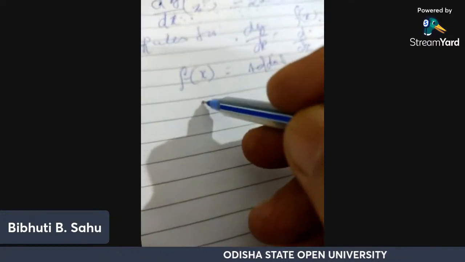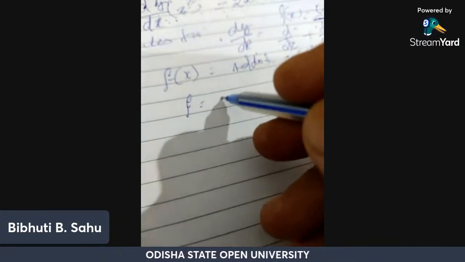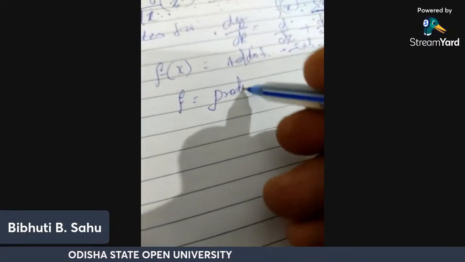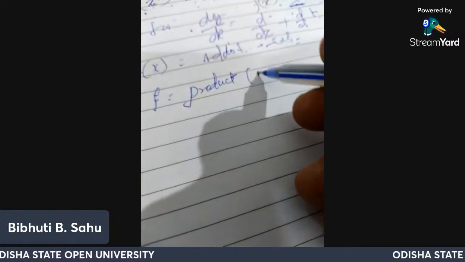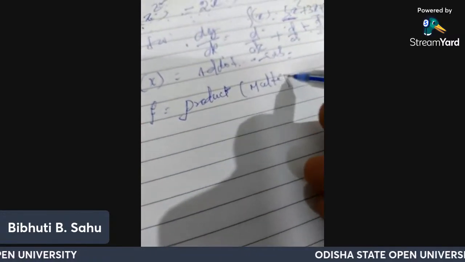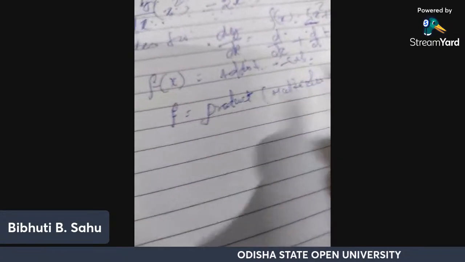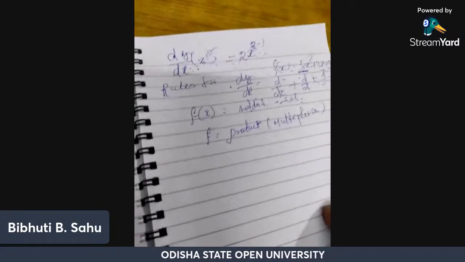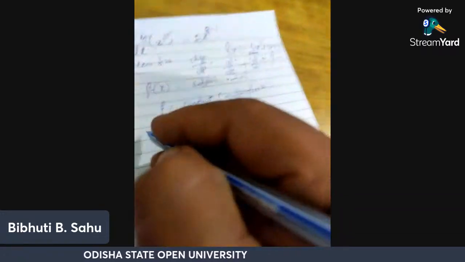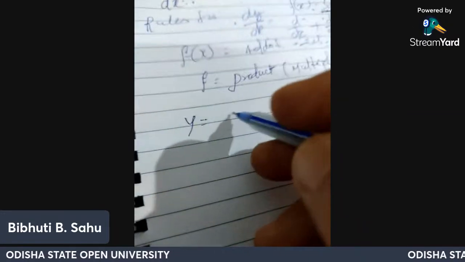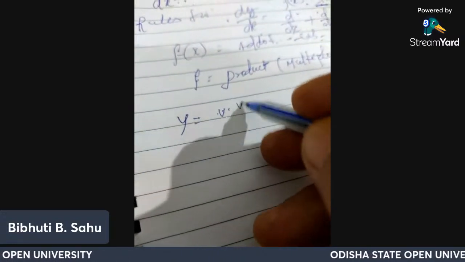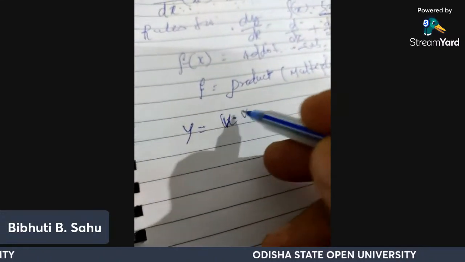When the function is in the form of a product, or multiplication, then how can we find this? Say y is equal to u times v, uv.